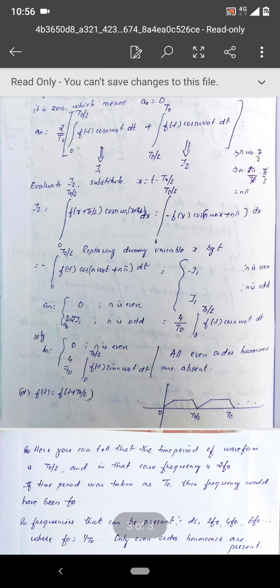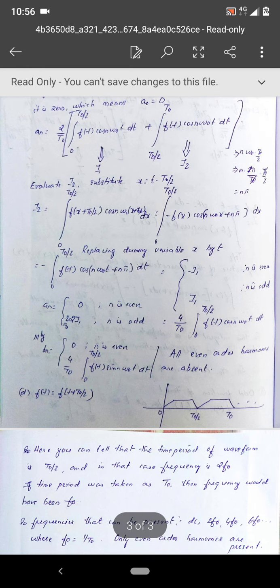Here the time period, the lowest time for which the pattern repeats, is t naught by 2, since that is the pattern which recurs again and again.